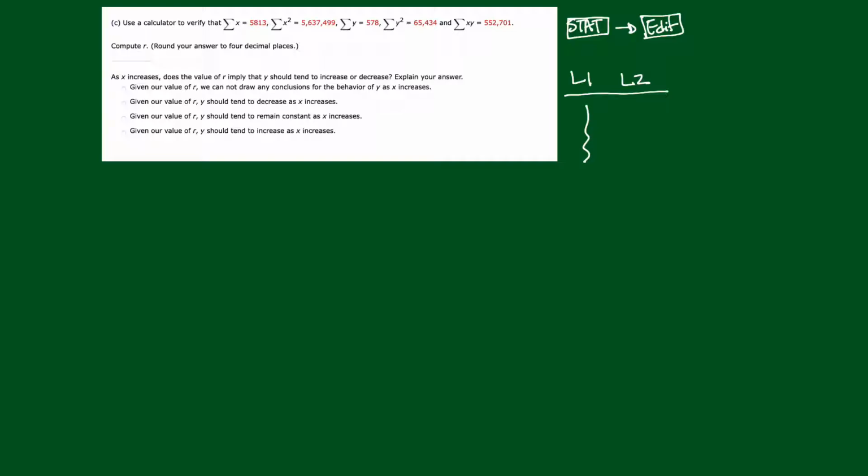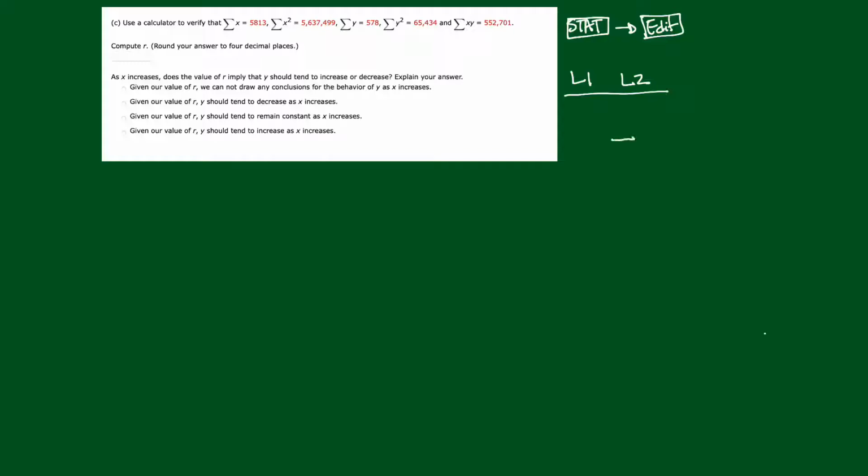Your lists come up. Now you may have data in there from the last time we used this. Get your cursor into this list, so use your arrow keys. Then use the up arrow key to get the cursor right on the L1 so L1 is highlighted, and press enter. Now press clear and then enter, and all that data disappears.